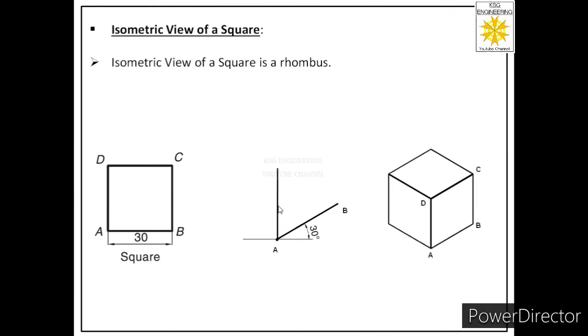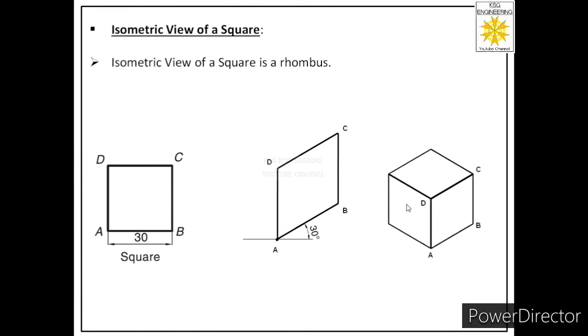So we have drawn a line of 30 millimeters from point A. It is a vertical line or the second isometric axis, which is the vertical axis, and this point will be labeled as D. Similarly, from point B, we will draw a vertical line of 30 millimeters, and this point will be called C, and we will connect these two points to get the isometric of the square. And this is which isometric? It is right side isometric of the square, which is a rhombus.